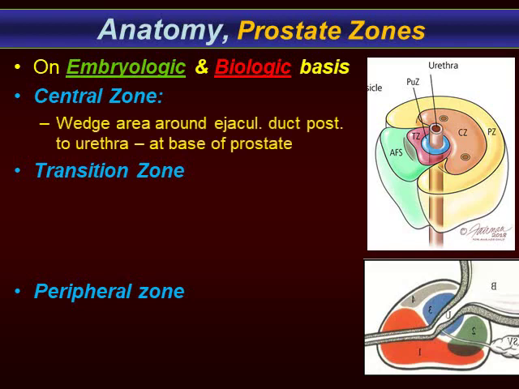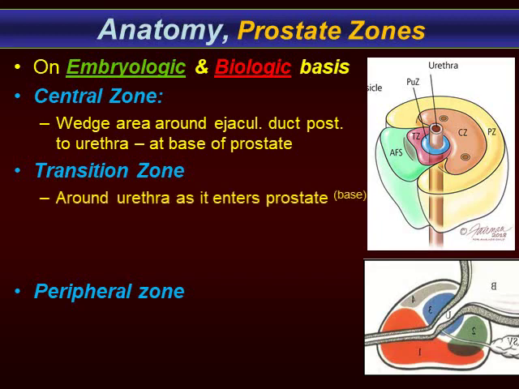The central zone is a wedge-shaped area around the ejaculatory duct and posterior to the urethra, behind the upper part of the prostatic urethra. You can see it here, right here. Then you have the transition zone.